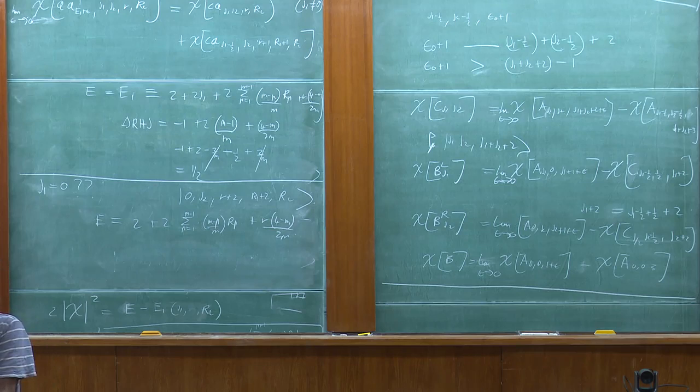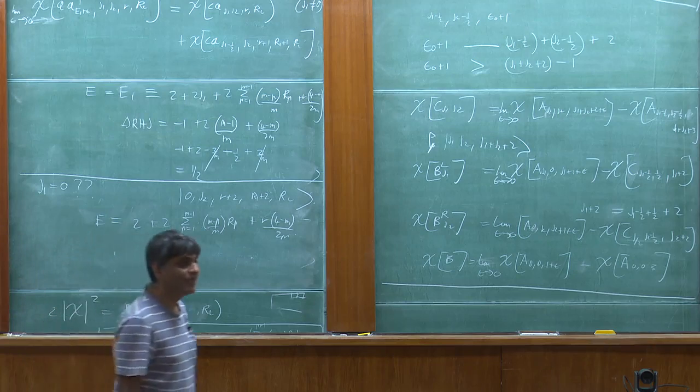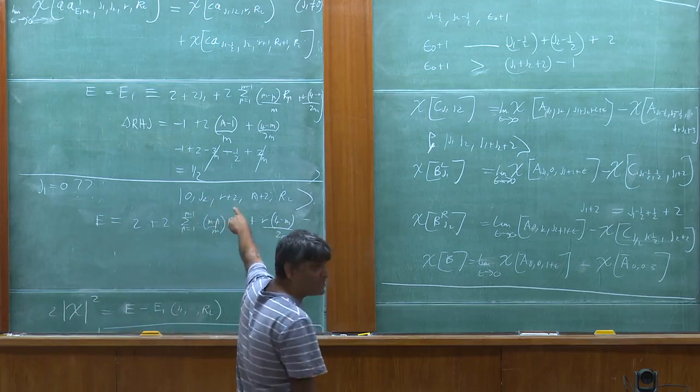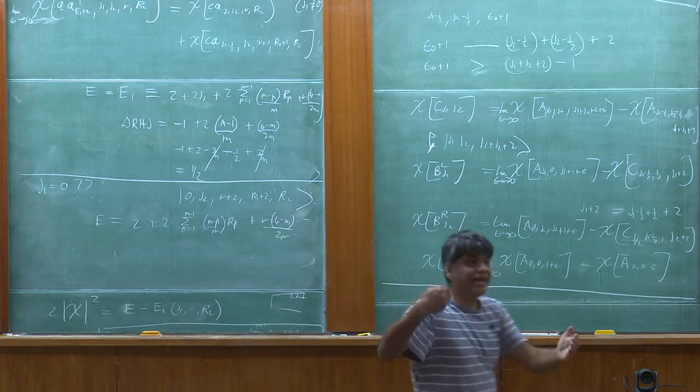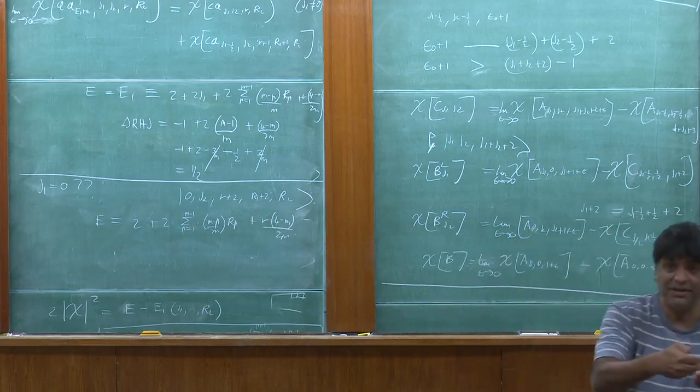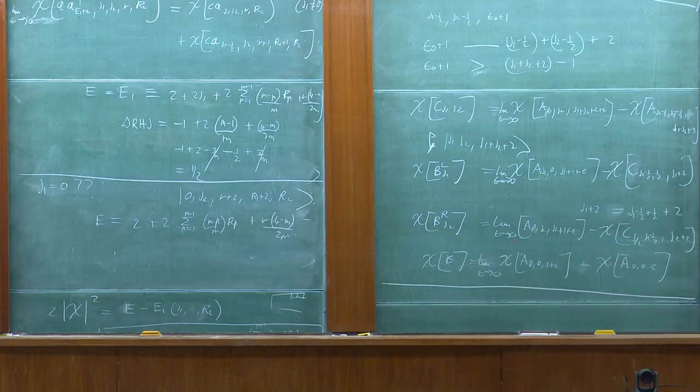There's no question to ask for the B representation, because this long representation can be the limit of a C-type representation, but it cannot be the limit of a B-type representation. So we can only ask this question for the C-type representation.